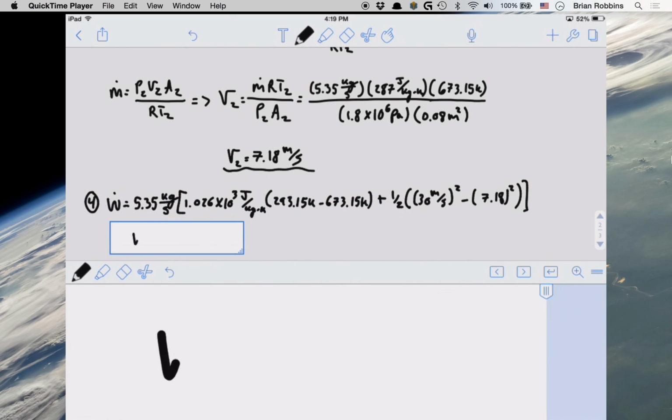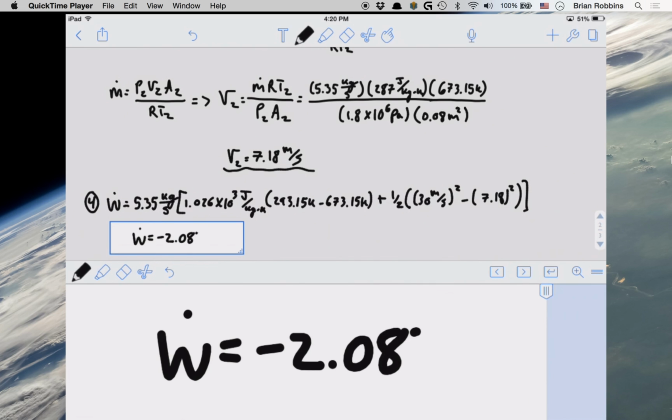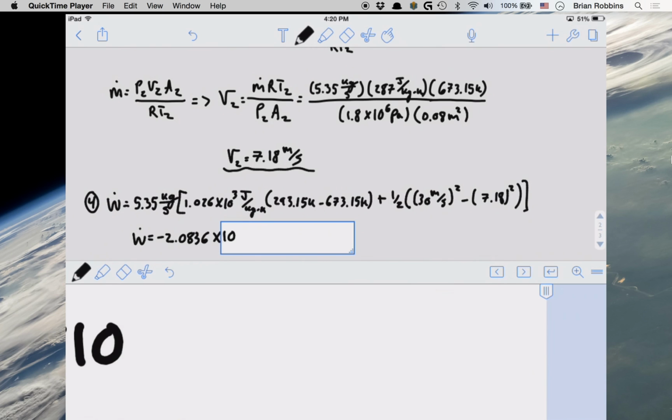And when we go ahead and calculate this, what we end up getting is minus 2.0836 times 10 to the 6th watts.